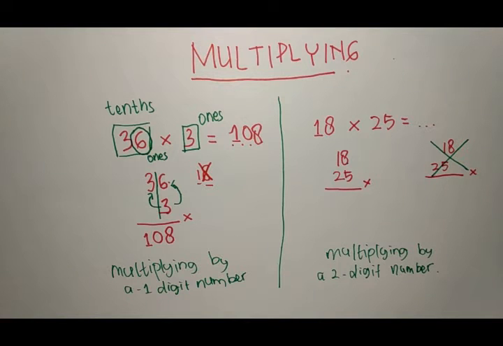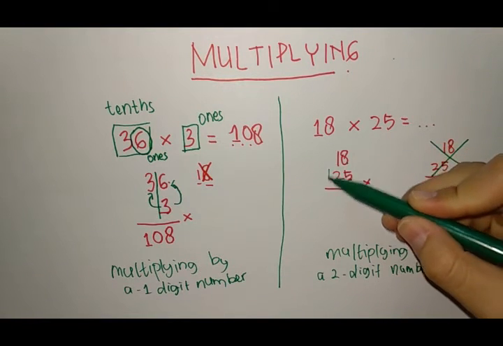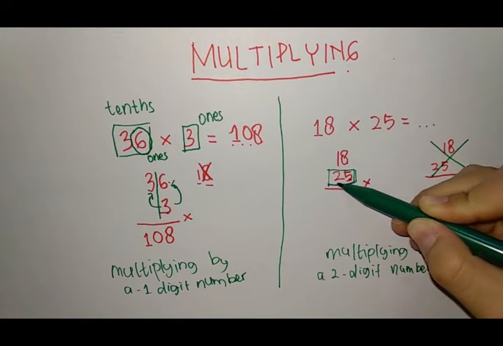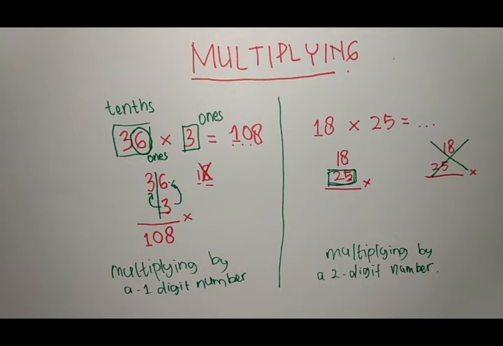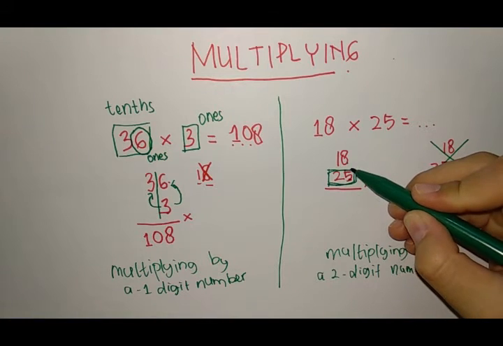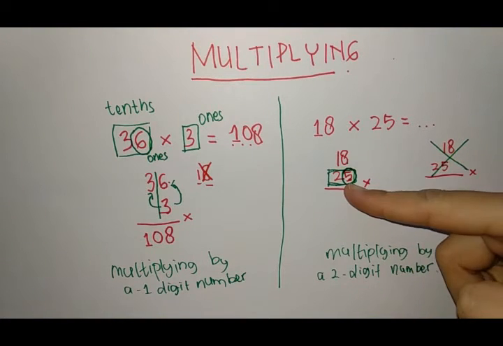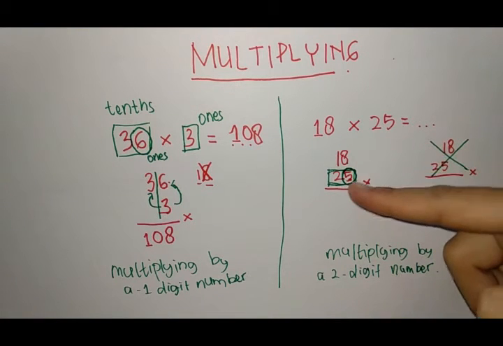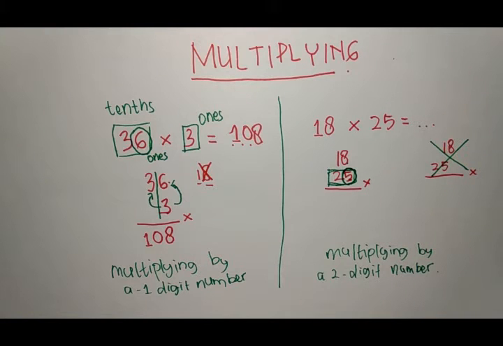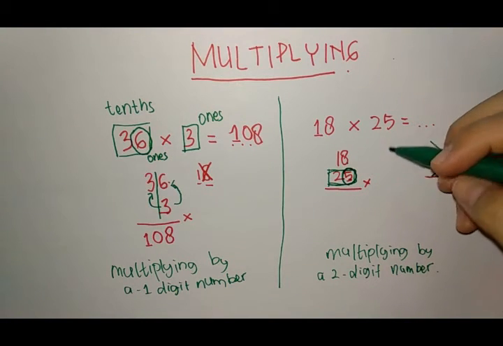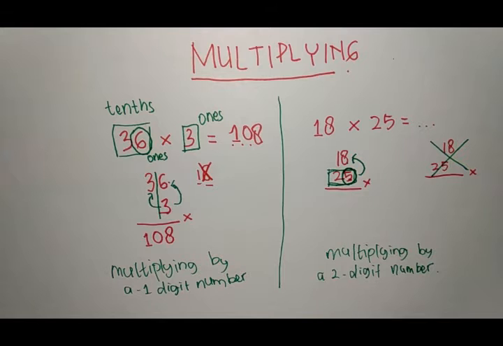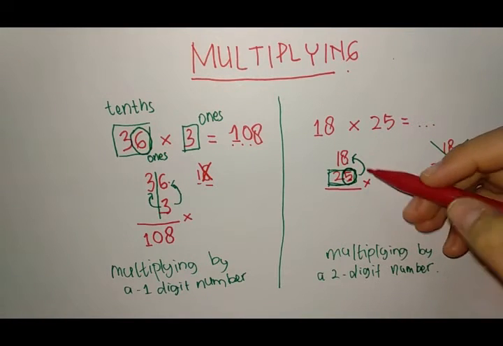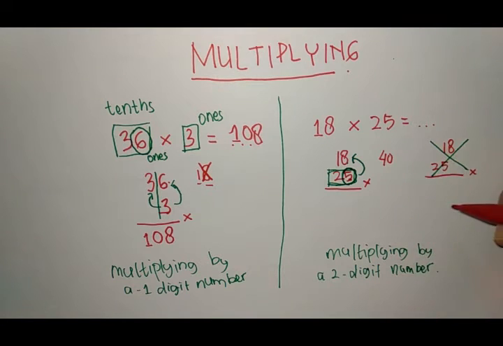And then first you have to focus on the bottom number, 25. But first of all, we have to focus on the 5, the ones number. The ones in the 25 is 5, so we have to multiply by 5 first. First, 5 multiplied by 8. 5 times 8 is 40, right? 40.